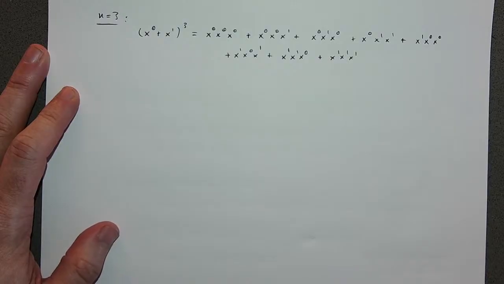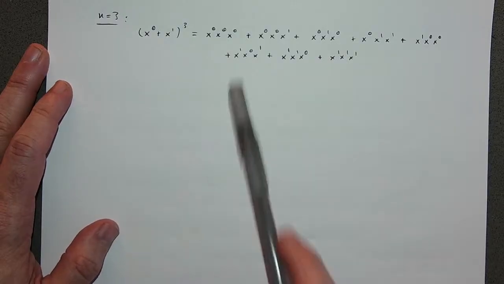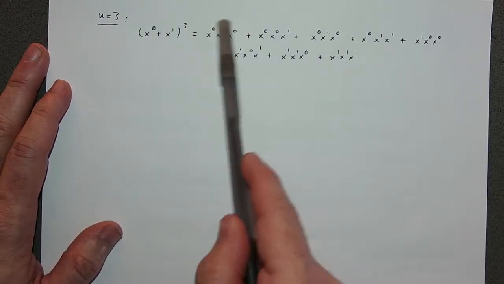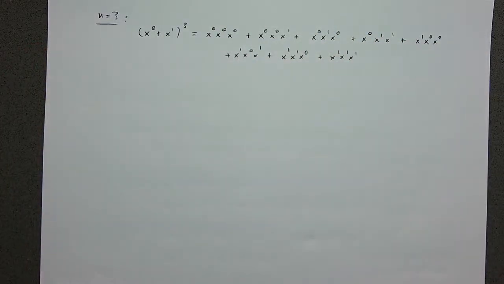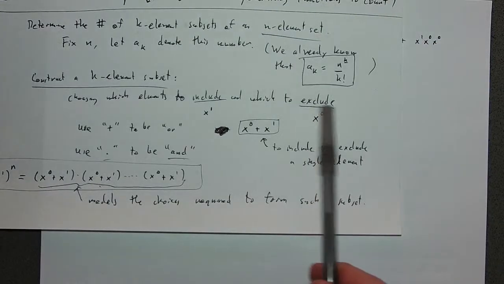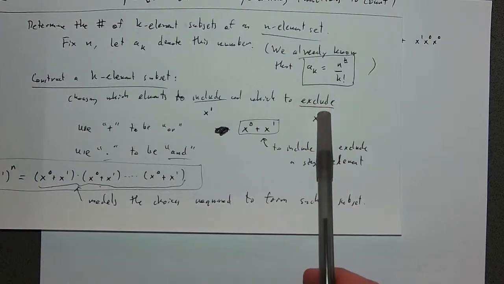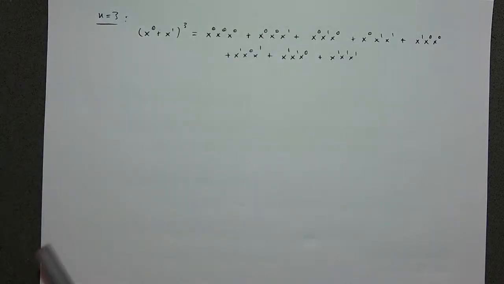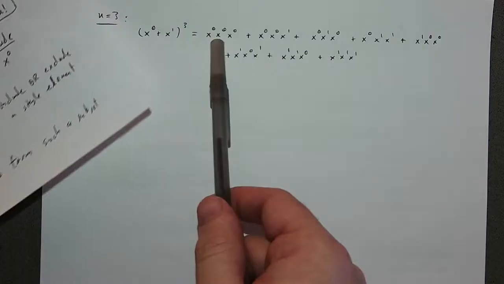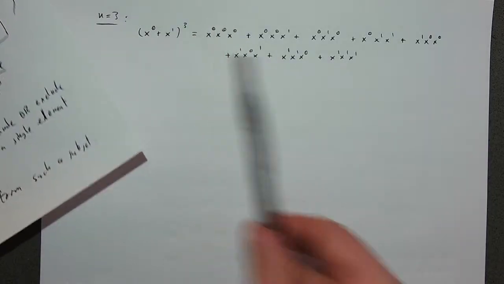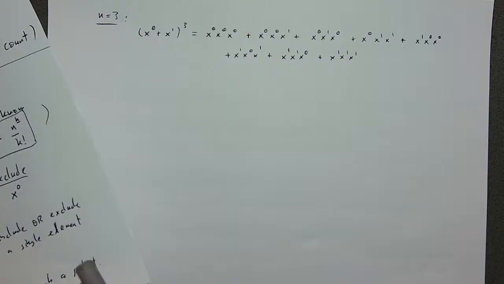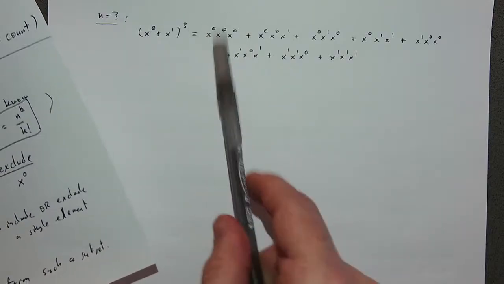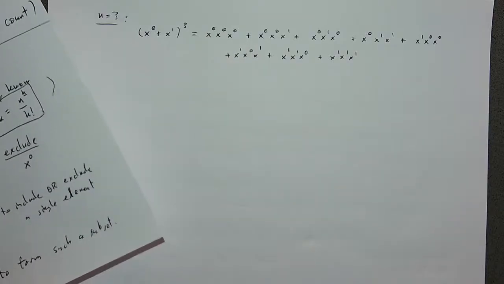So, what is this? This term is where I have excluded all elements, right? So for n equals 3, this is a 3-element set. I have excluded all of the elements, so I haven't picked a single element, and the resulting subset would be the empty set.